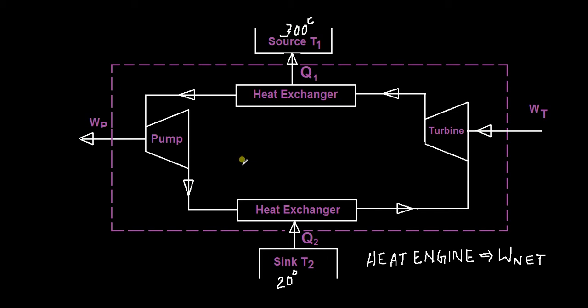These engines or these processes combined are called a heat pump or a refrigerator. So a heat pump or a refrigerator will remove heat from a low temperature source and reject heat to a high temperature sink and consume net work.